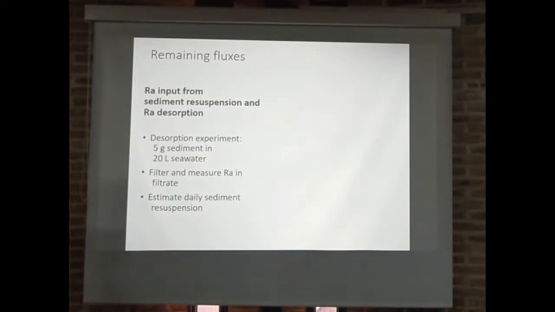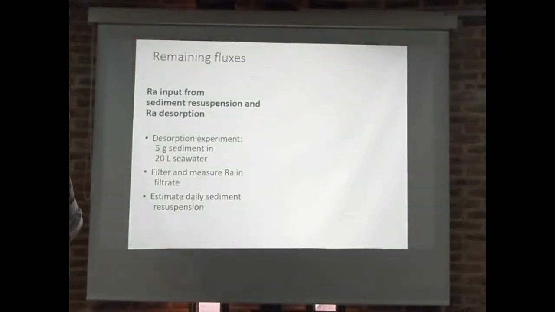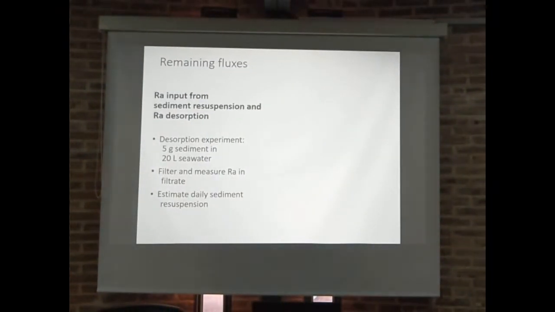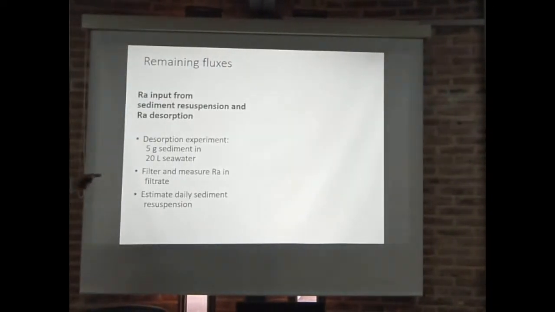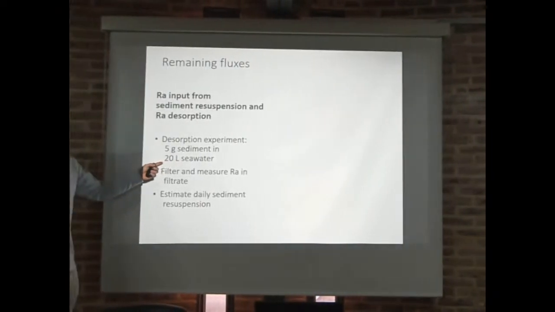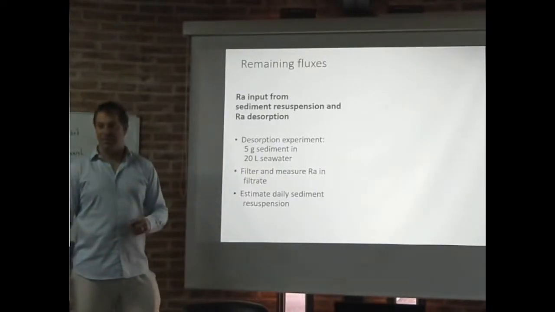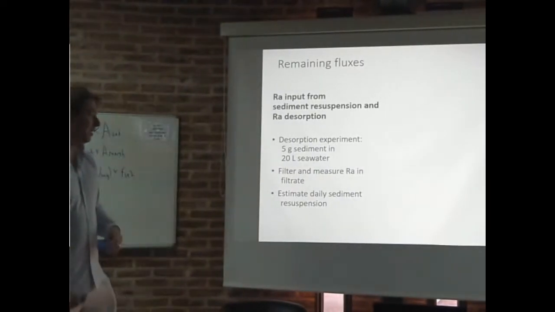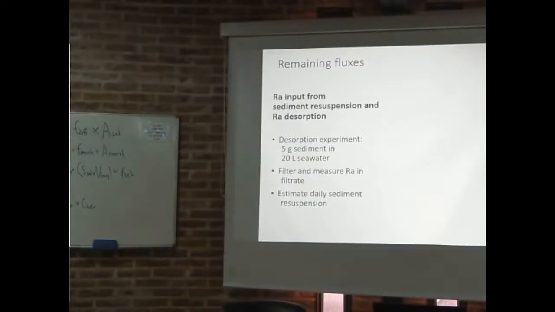And the remaining important flux is this sediment resuspension radium desorption issue. And the way we do this is we do a desorption experiment. We take 5 grams of sediment and we put it in 20 liters of seawater and we shake it. We basically resuspend the sediment.